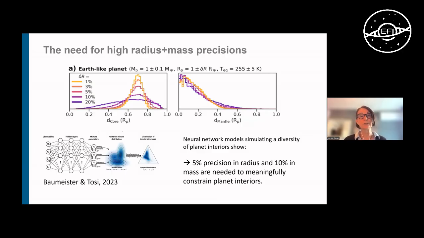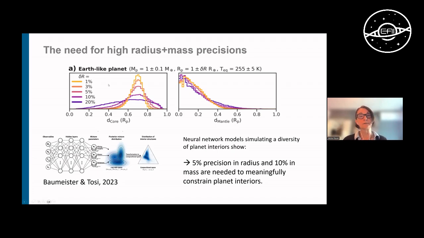And I'm showing you an example here. This is a planet with 1 Earth mass and 10% uncertainty in the mass, and 1 Earth radius, so really an Earth twin.